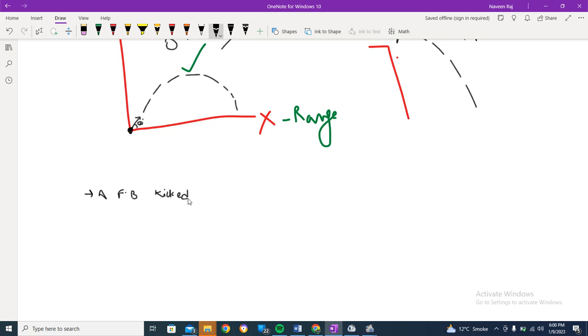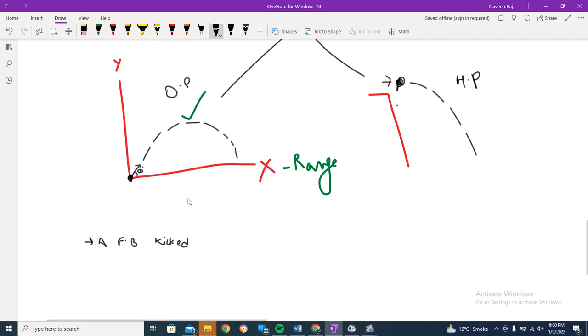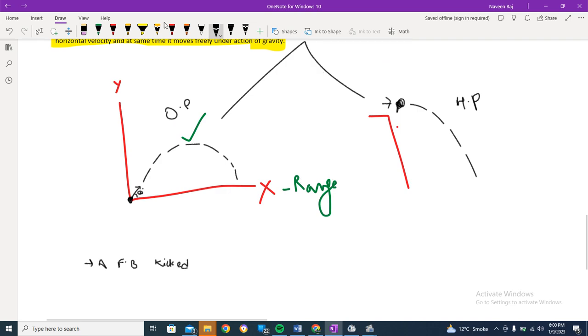A missile shot from a gun, an object thrown from a certain height. Many people think that this cannot be projectile motion because this is half, but this is projectile motion as well, because the same parabolic trajectory is being formed over here as well. Even though we have the oblique trajectory and horizontal trajectory difference, the projectile motion exists.